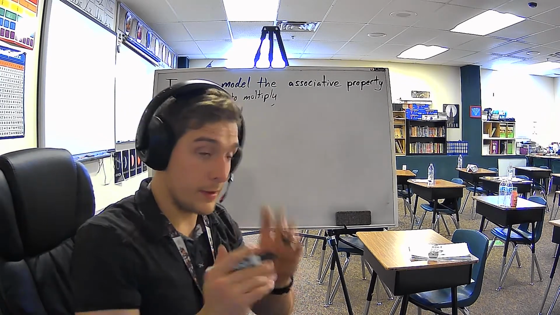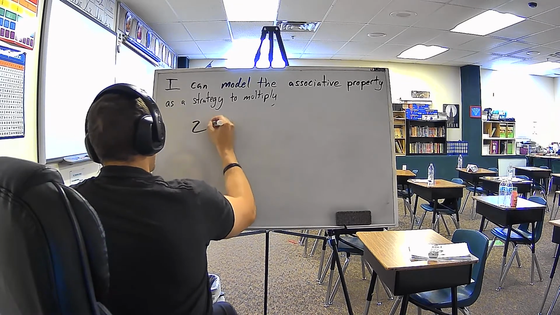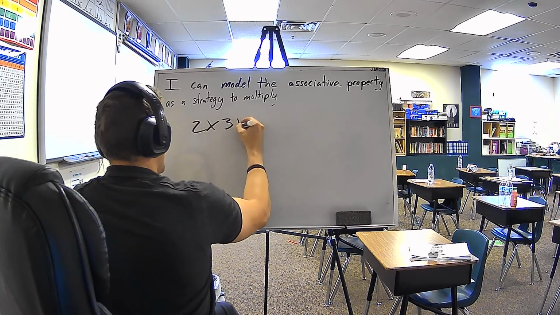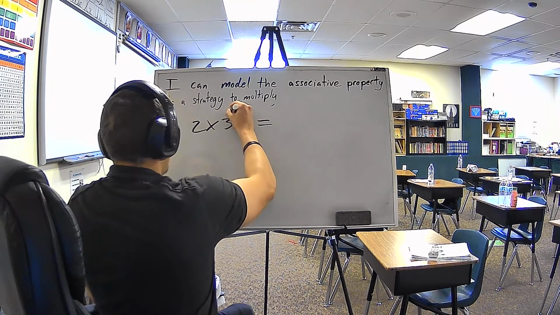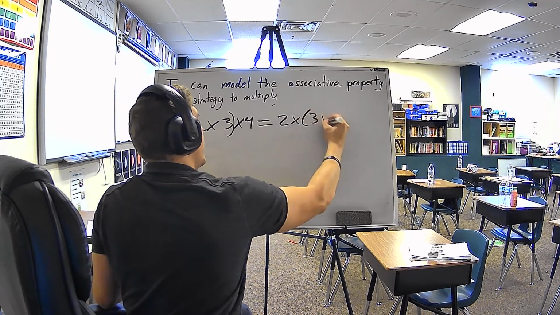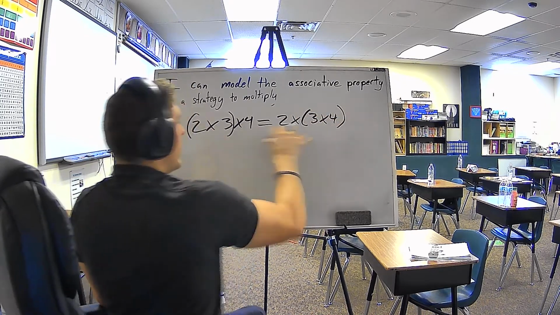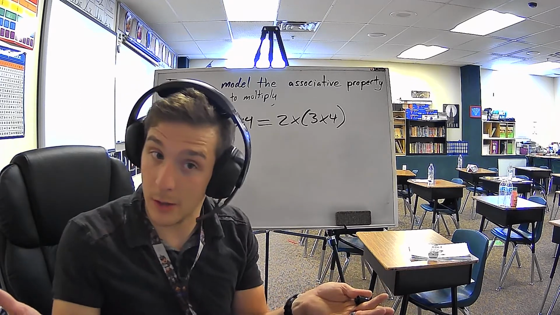Now, give me an example. I'll use smaller numbers to visualize this for you. If I did 2 times 3 times 4, using this idea, if I were to put parentheses around the 2 and the 3, I could say that 2 times (3 times 4) would equal the same thing. Let's see if it works.